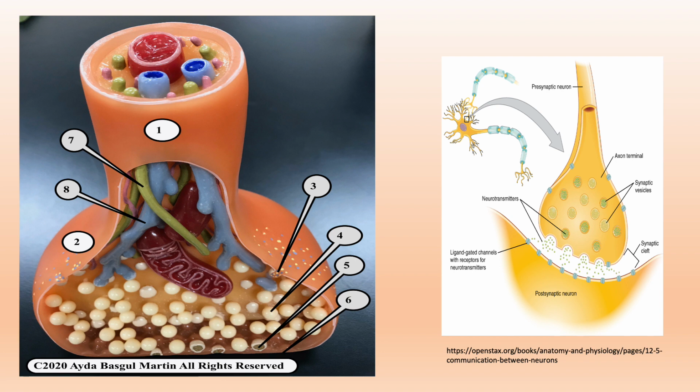Number 5, representing the neurotransmitter found in the synaptic vesicle. And number 6, as you may see, the presynaptic membrane. Number 7 is the neurotubules, and number 8, this bluish one, is the branches of rough endoplasmic reticulum.